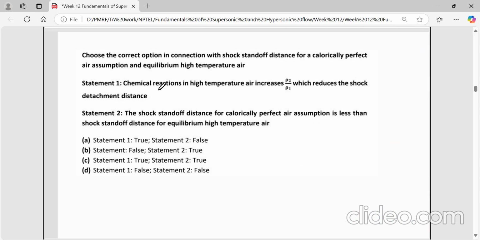So statement 1 says, chemical reaction in high temperature air increases rho 2 by rho 1, which reduces the shock detachment distance. We already saw that if chemical reaction is happening, then rho 2 by rho 1 will increase, which will reduce the shock standoff distance. The first statement is true. Statement 2 says the shock standoff distance for calorically perfect air assumption is less than shock standoff distance for equilibrium high temperature air.